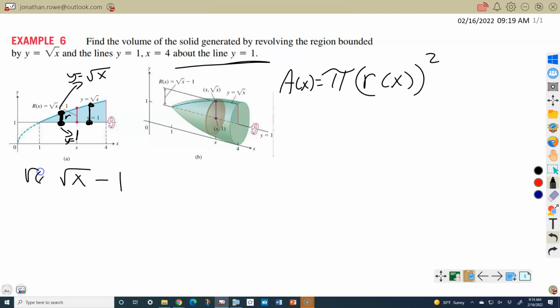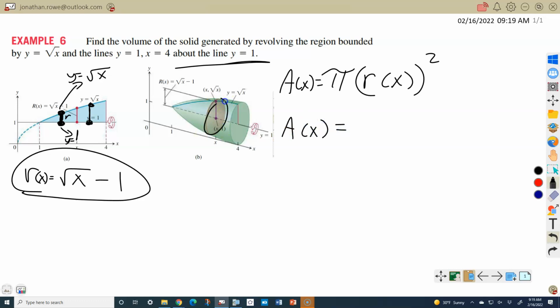That is a function of x for the radius. Notice how that changes as x changes. So the area as a function of x for every cross-sectional circle there is pi times the square root of x minus 1 squared.